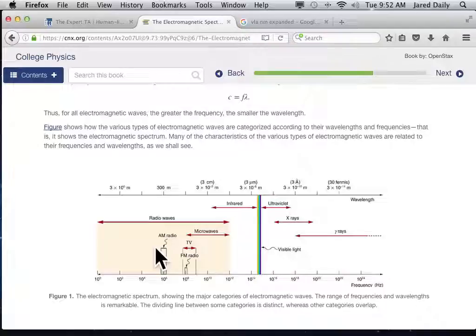If you're listening to an AM radio station and you're traveling underneath high power transmission lines, it will completely mess up your radio station because they're similar frequencies and they overlap each other. So that's one of the disadvantages to AM radio: it's not stereophonic and it can be easily messed with.